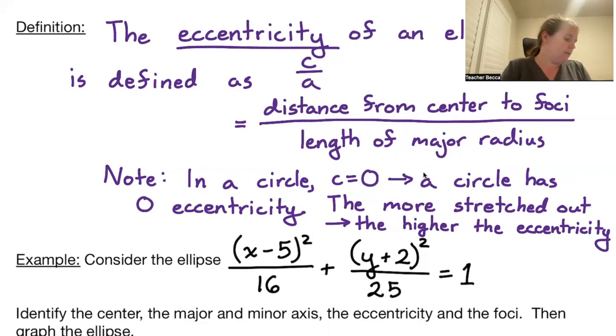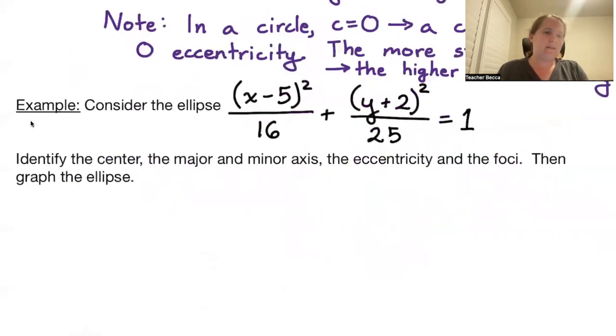So for an example, let's consider the ellipse x minus 5 squared over 16 plus y plus 2 squared over 25 is equal to 1. Our job is to identify the center, the major and minor axis, the eccentricity, and the foci, and then graph the ellipse.